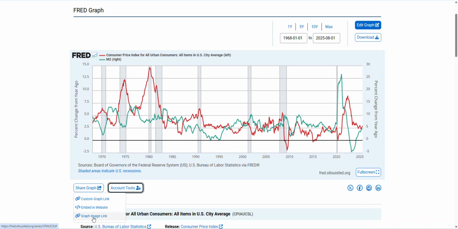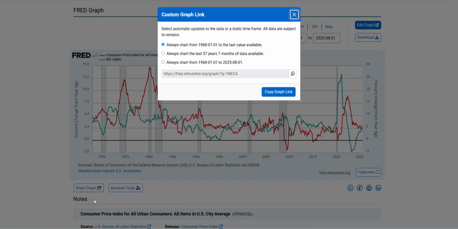This is what you don't want to use. Or if you do use it, just so you can get the picture in there, you have a graph image link. Okay. Always give me the custom graph link. So I'm going to click on that. And here it is. Now I've got to answer a question before I get this.